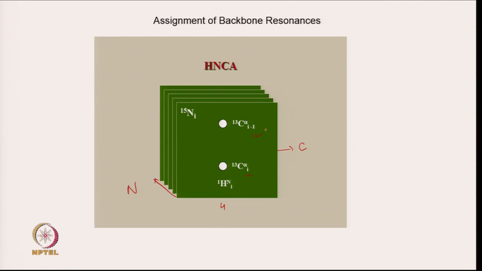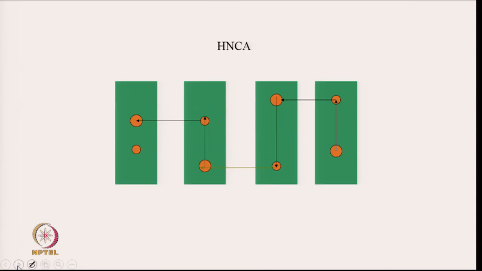Now, what you do is you try to correlate each of these 15N planes with other planes and try to find out where there is a correlation, and so you can assign the backbone resonances.